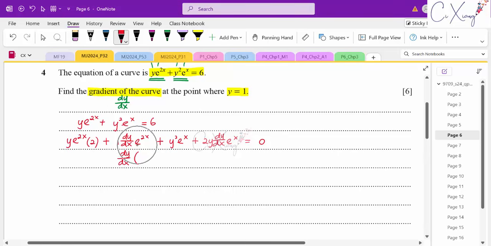For this term, I will factorize out the dy dx, I'm having e power 2x. For this term, if I take out the dy dx, then I'm having 2e power xy. Then equals to all the terms without the dy dx, which I will move to the right hand side.